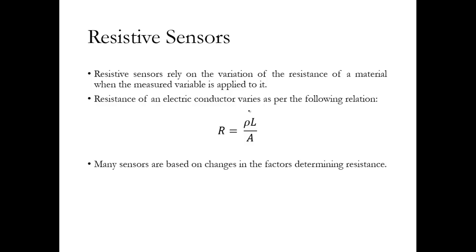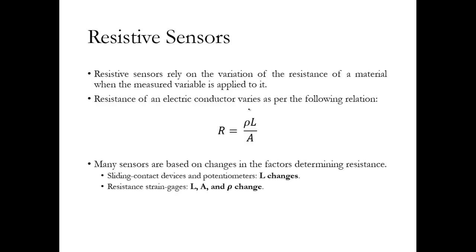So many sensors are now based on these principles. There could be sliding contact devices like potentiometers, where you just change the length of the resistor that comes in as part of the circuit, so accordingly the resistance changes. Or it could be resistance strain gauges, where you change the length, area, and resistivity, and accordingly the resistance of the strain gauge changes.